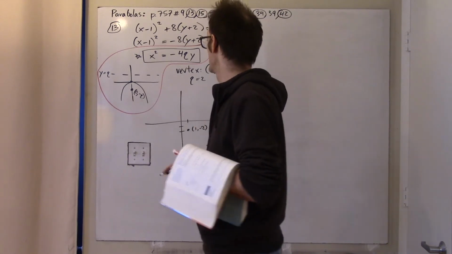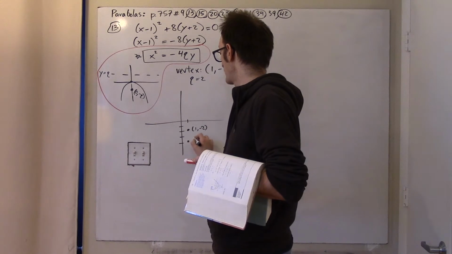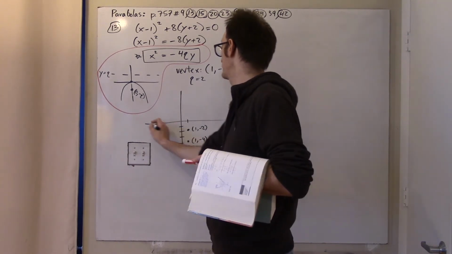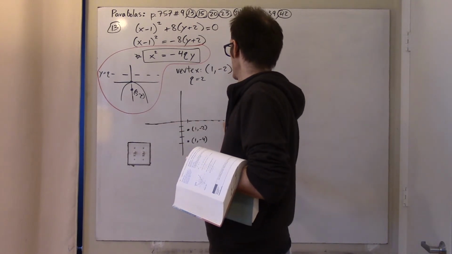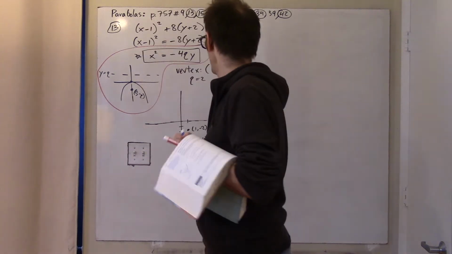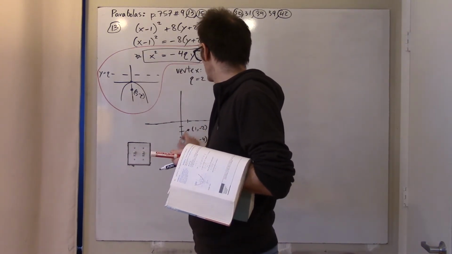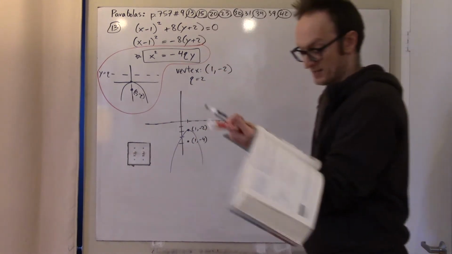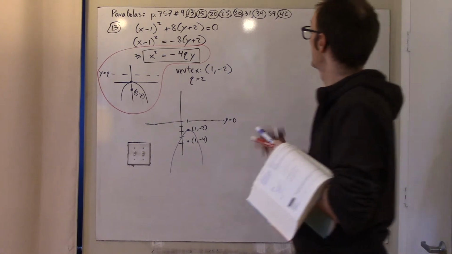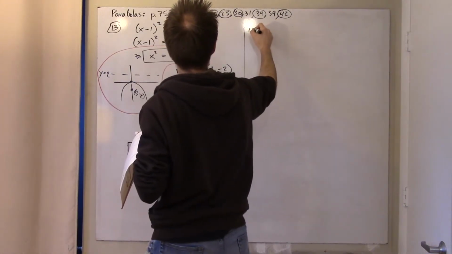If q is 2, then my focus will be 2 below that, so my focus will be at 1, negative 4. And if q is 2, my directrix is the line y equals 0. And thus, the parabola itself is going to look something like that. That's good enough for me. Okay, so yeah, I wasn't joking when I said fairly straightforward. Alright, 1 down, many to go.